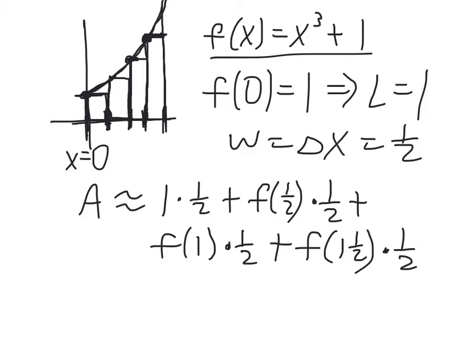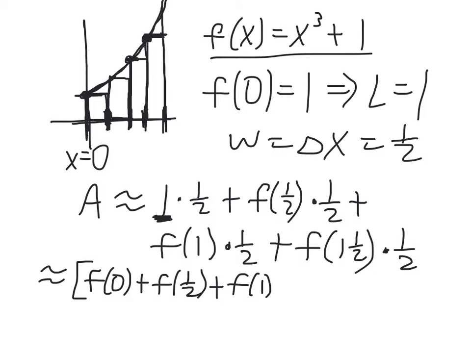Now calculating this, that came from f of 0, so notice each one of these has the 1/2 multiplied by it. Because we have equal widths, we could really shorten this notation up to, and I'm going to go back to the function notation here, f of 0 plus f of 1/2 plus f of 1 plus f of, well, let's go 1.5 this time.